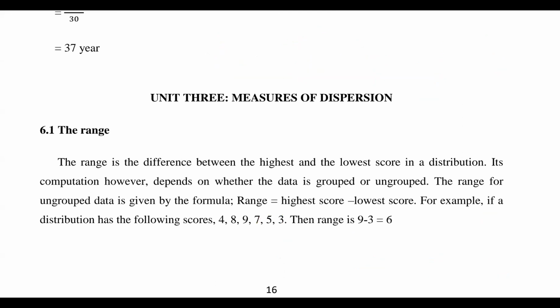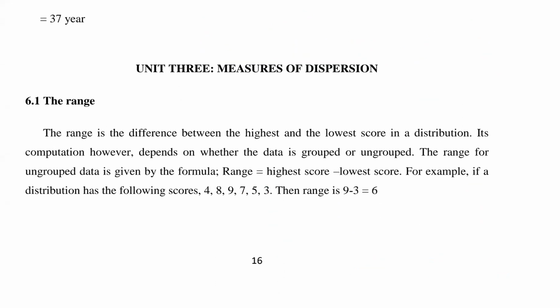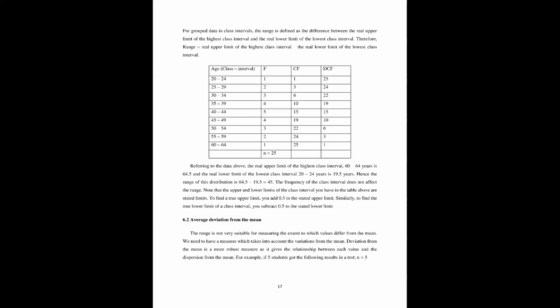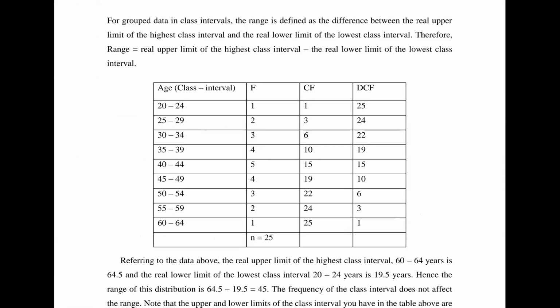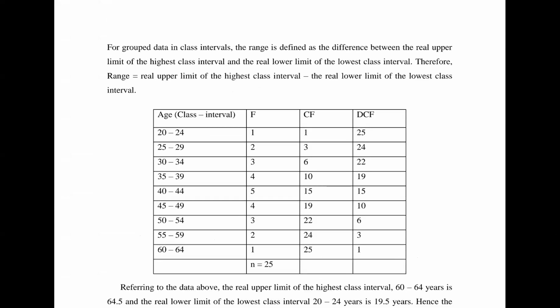Yeah, it's clear. Okay. If that is clear, we can move on. For grouped data in class intervals, the range is defined as the difference between the real upper limit of the highest class interval and the real lower limit of the lowest class interval.